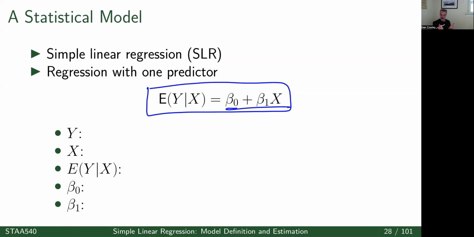We could think about x as a random variable, but our model is going to be defined in terms of the conditional value on x. Well, once you condition on x, it's not random anymore. You're assuming that you know it.